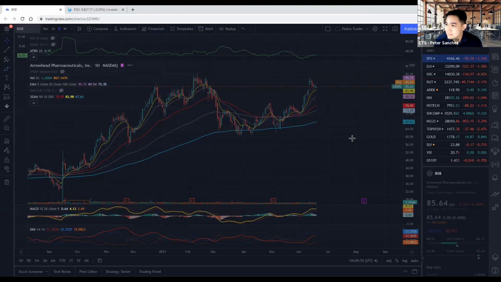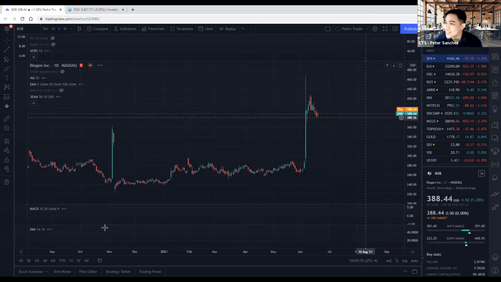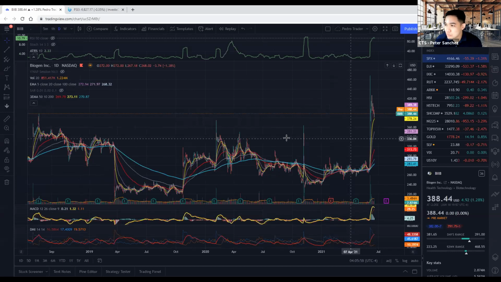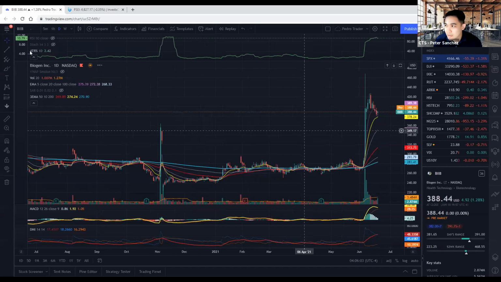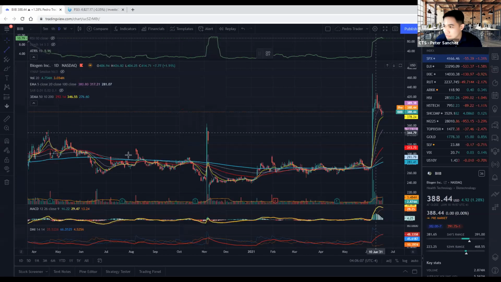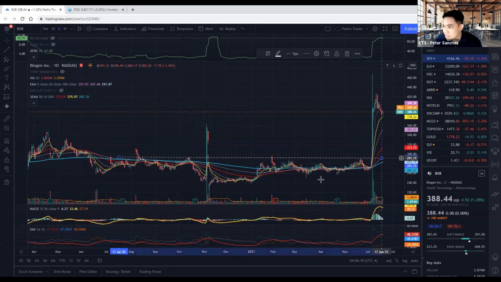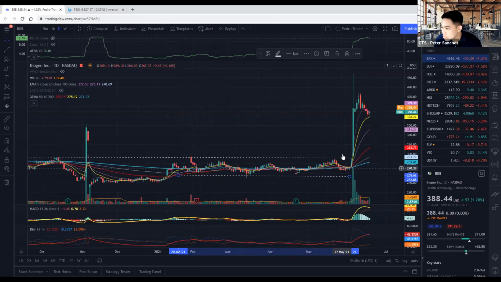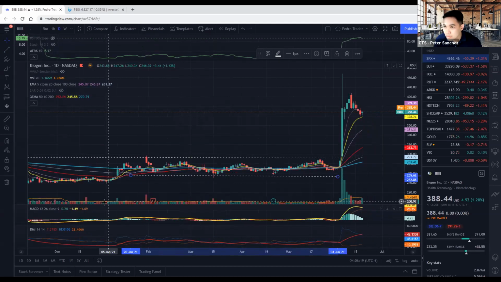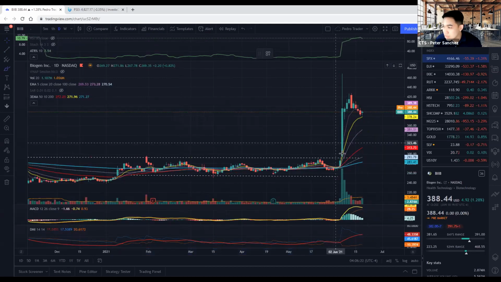What I like dito, kasi if you remember yung example natin kanina sa STAA, there's obviously a catalyst that happened here. Kasi ito, sa malaking sideways trend, it broke out in June with high volume.